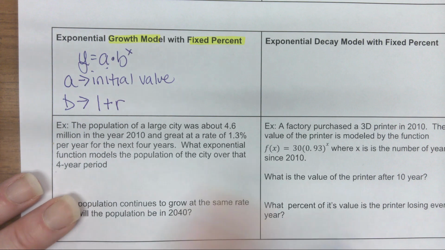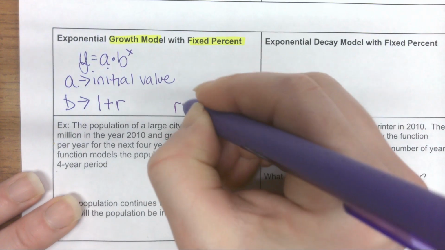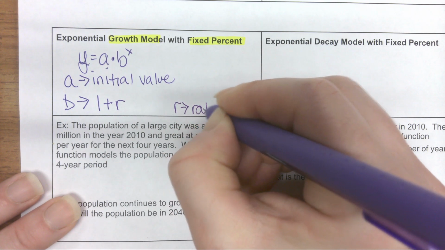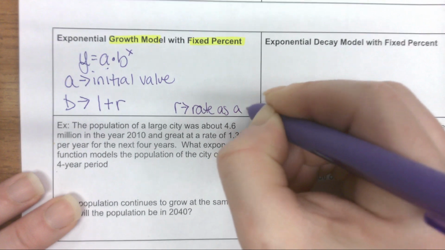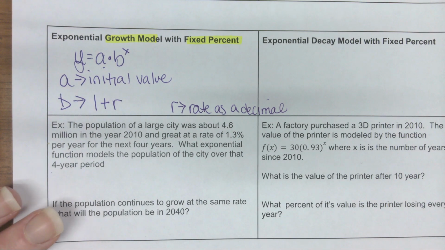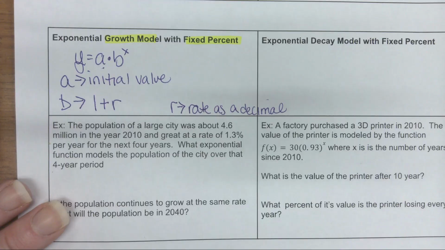And R in this case is the rate as a decimal. Do you all know how to convert percentages to decimals? You divide by 100, or move the decimal 2 spots to the left.